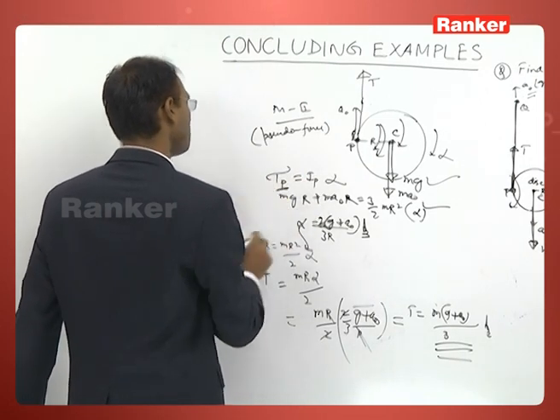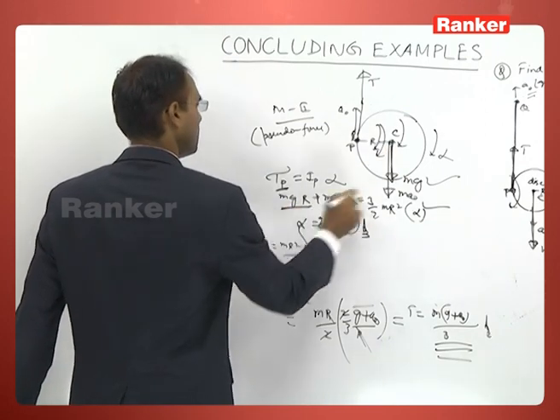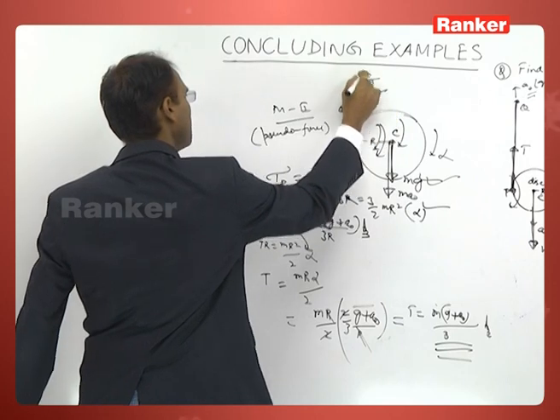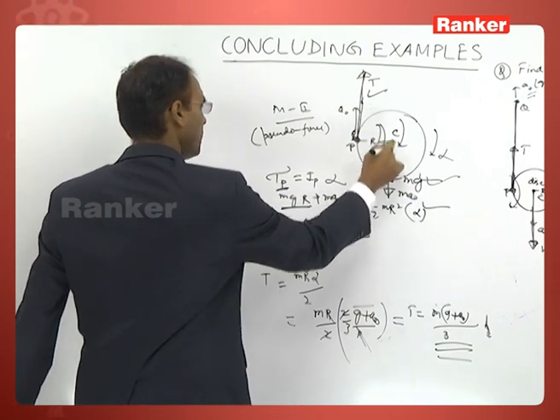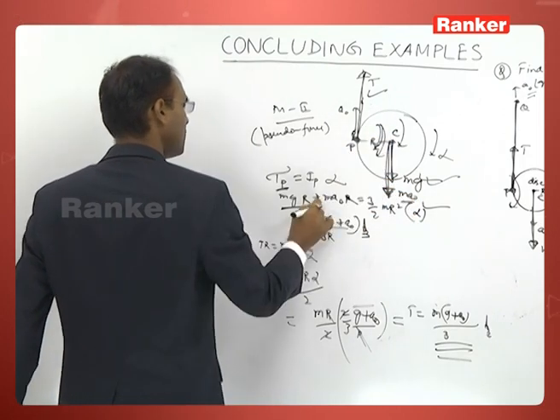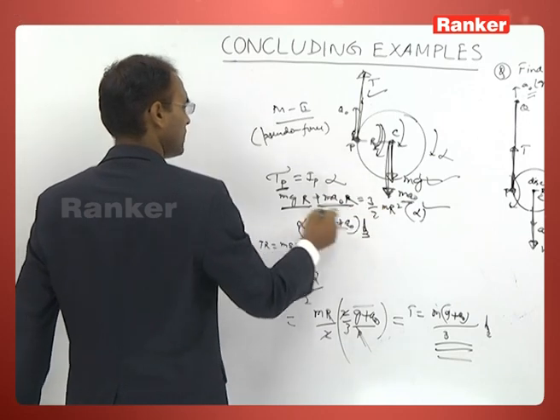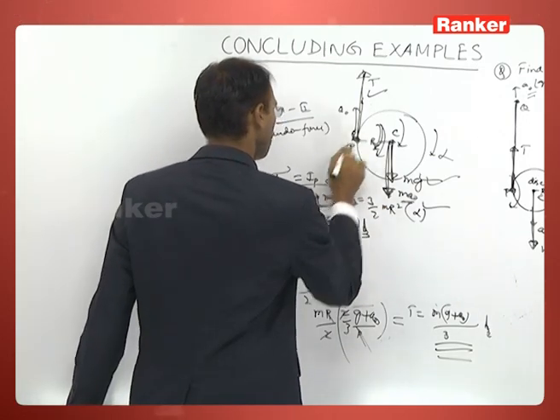But tau p is the sum of the torques of the real force, gravity, and the tension. Since tension passes through this point, it cannot produce a torque, and the pseudo force is m a naught downward. Its torque also you have to consider.